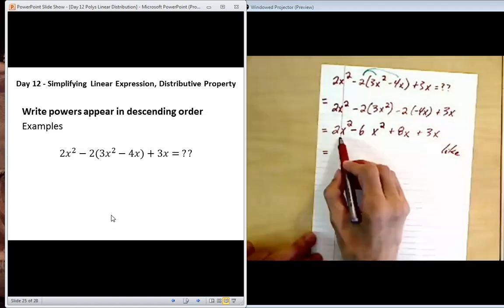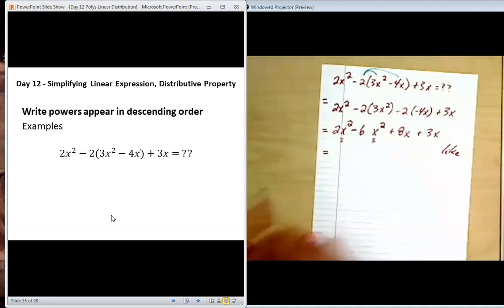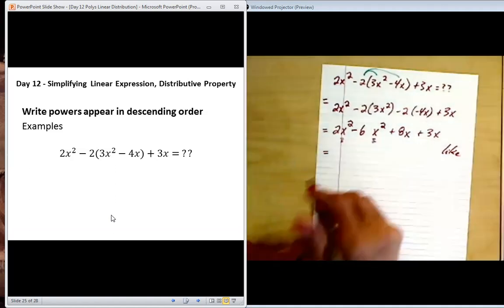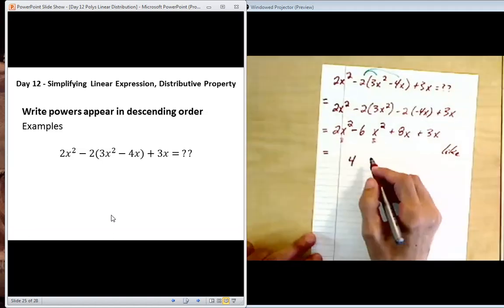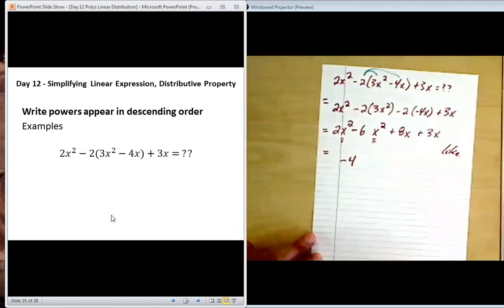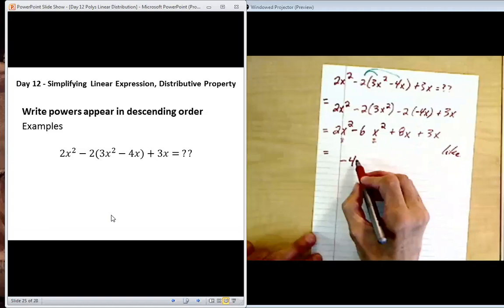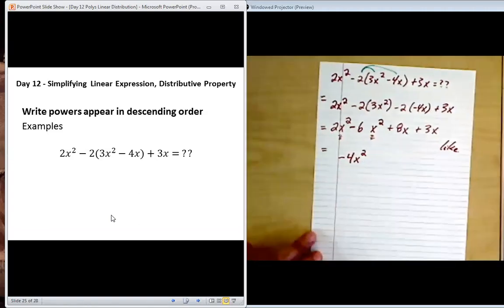Got an x squared and an x squared. What do these combine to? 4 is part of it. Minus 4 for the sign, that's true. x to the power of 2, yeah. Stays the same, nice.